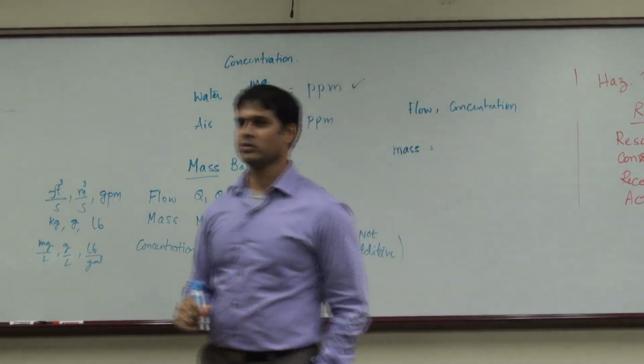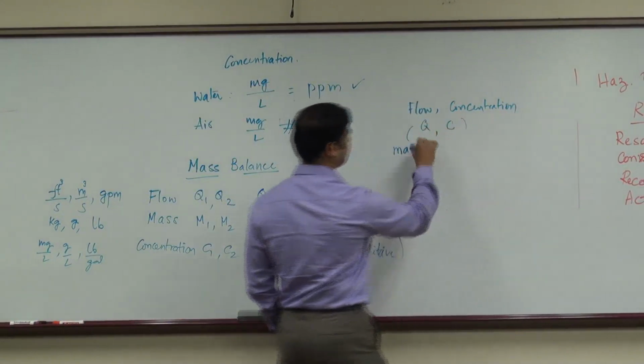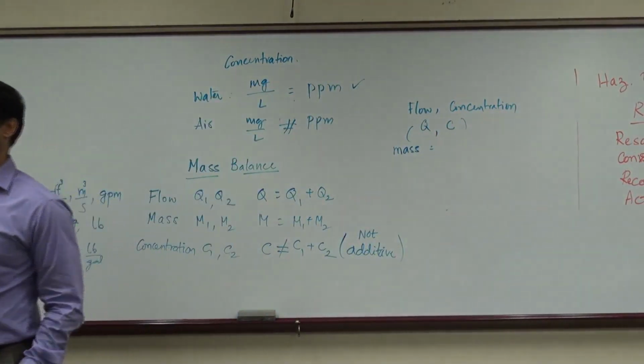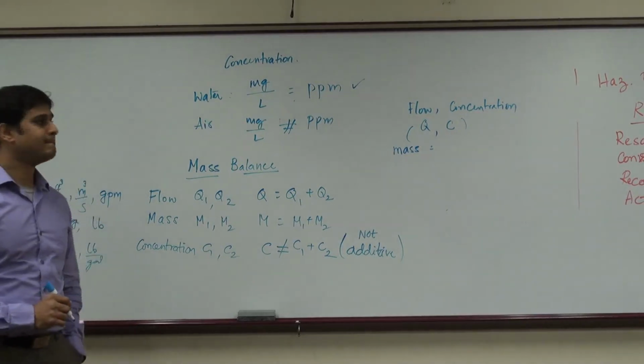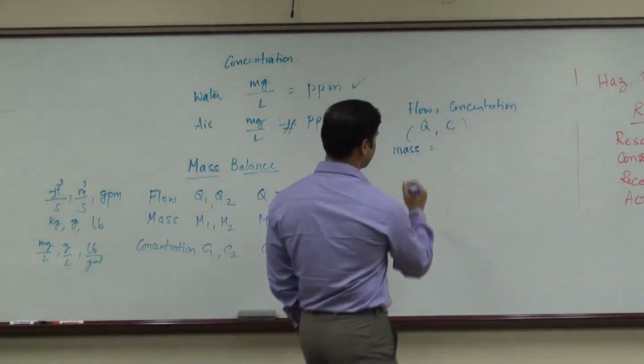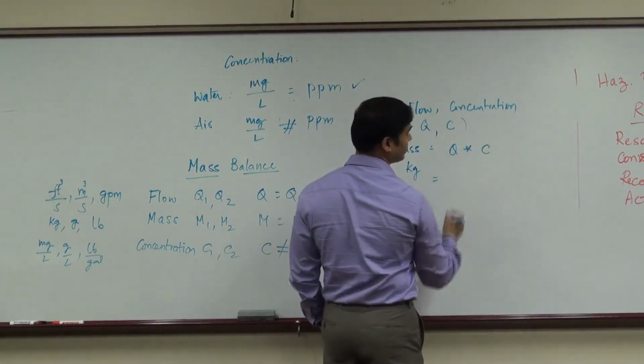Flow and concentration, which means I have Q and C. Can I calculate mass? What's the formula? What's mass? Q times C, right?